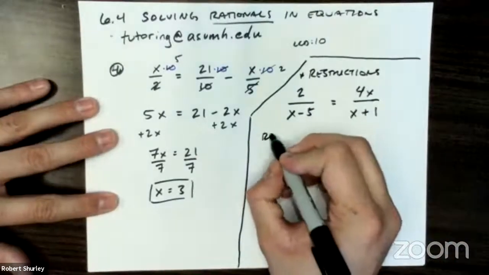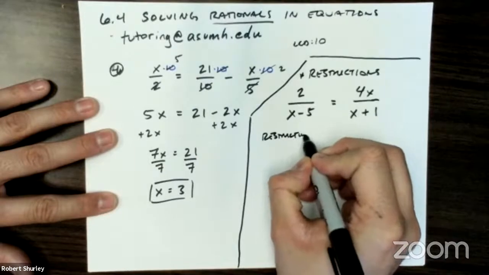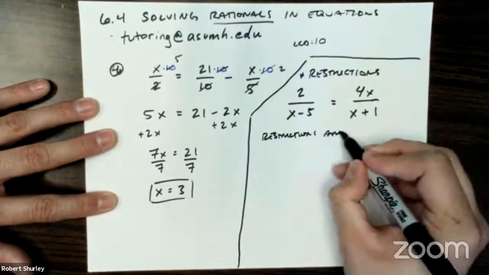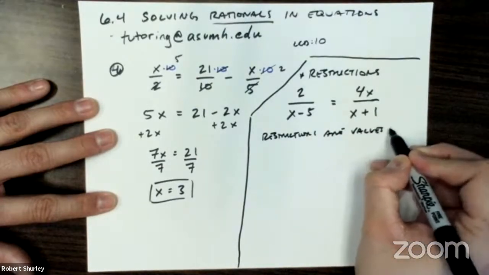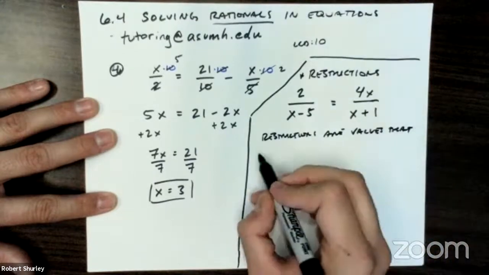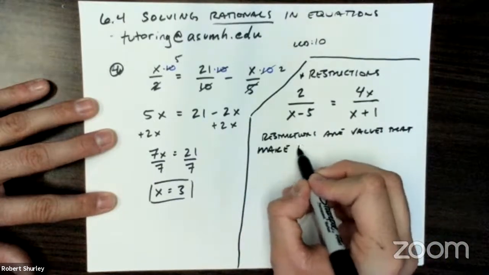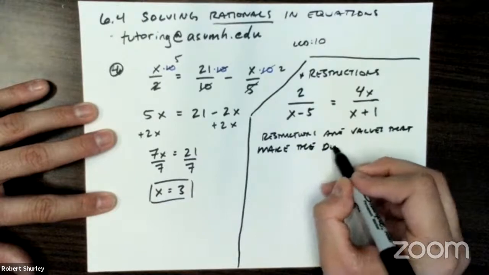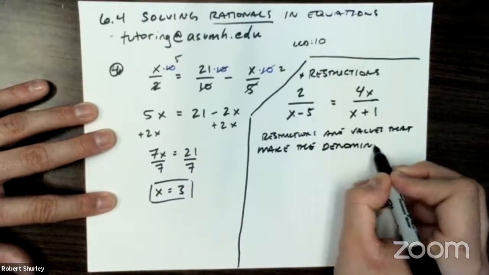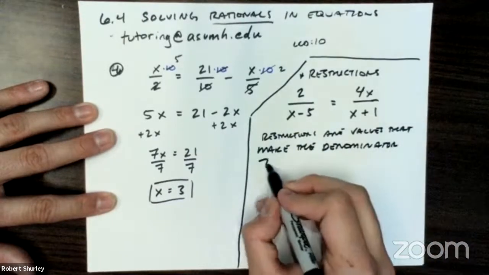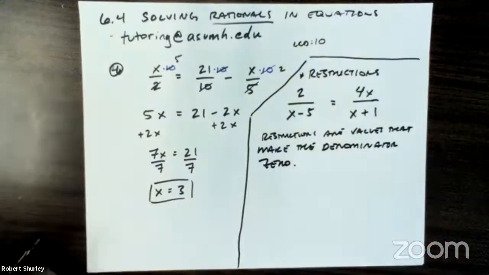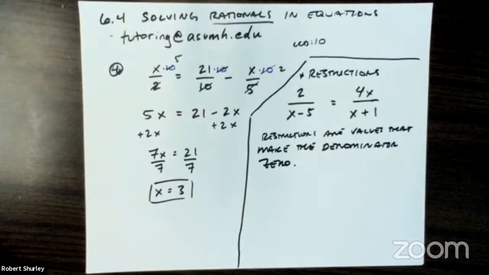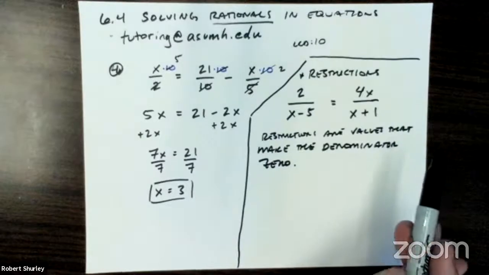Okay, restrictions are values that make the denominator 0. Right? They're values that make the denominator 0. Remember, we can't divide by 0.